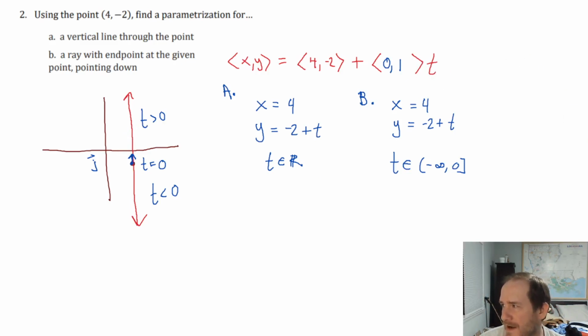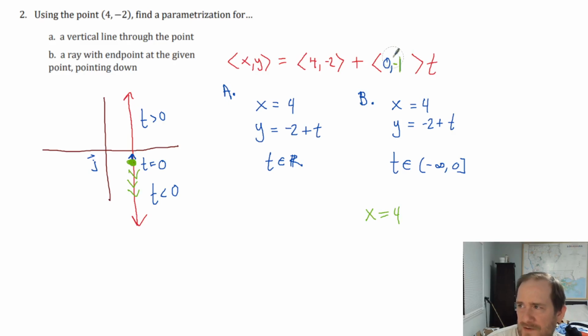So let's say that I actually ordered you to parameterize this so that this point was the first point plotted, and then we plotted the ray pointing down, so that it got plotted in this direction. Well, to do that, I would have to actually change the definition here. We'd still let x equal 4, but if you wanted to be plotting down, you'd have to change your vector equation.